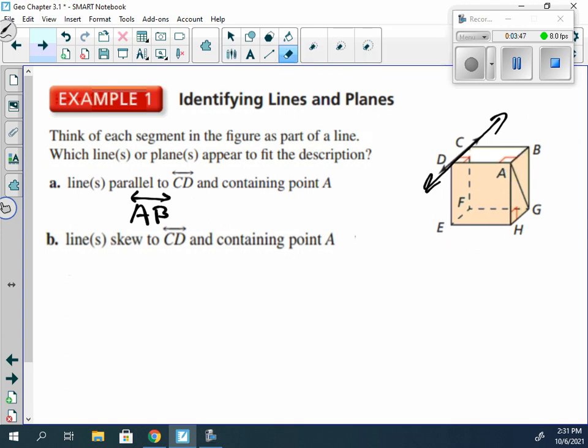How about line HG? Is HG parallel to DC? No, because as the figure that we have, we don't have a plane that contains it. We would have to create a plane going diagonally down because it's not contained in the same plane, because our planes are along the edges of the cube. And it doesn't contain point A.